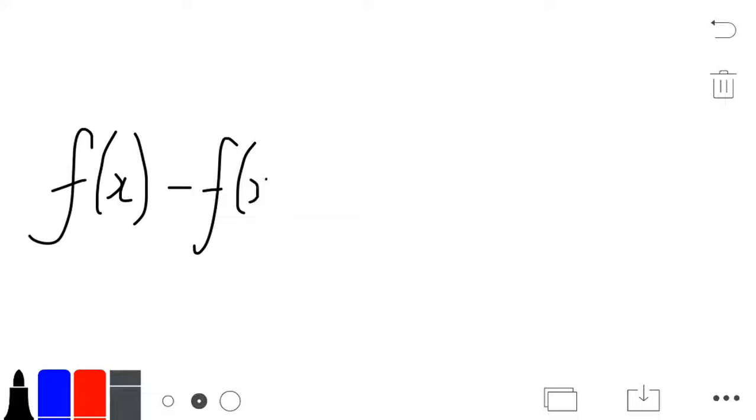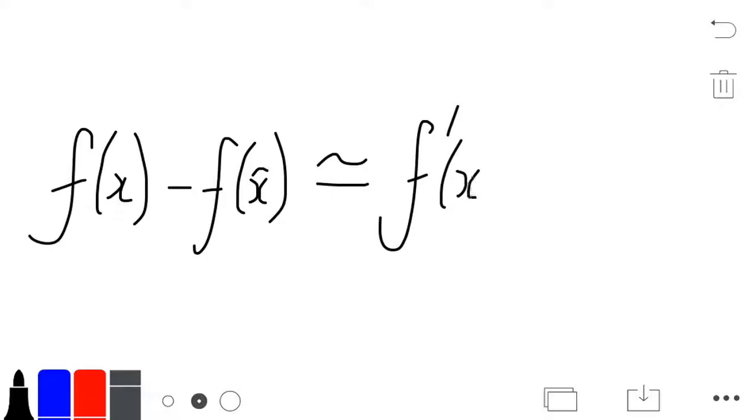We can rearrange this to say that f of x minus f of x tilde is approximated by f prime of x tilde multiplied by the difference.